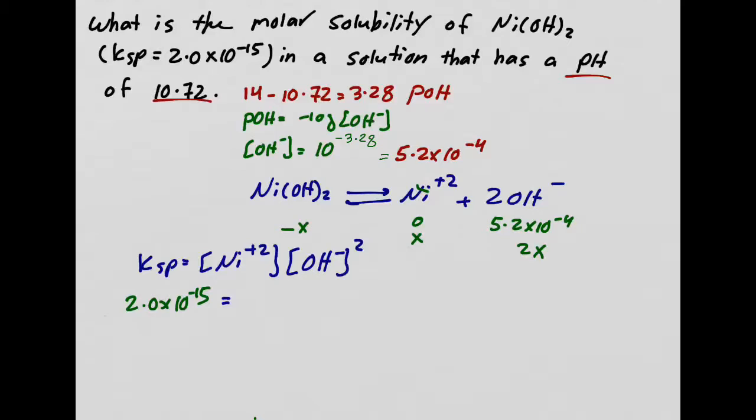So nickel is x. Now hydroxide concentration is 5.2 times 10 to the minus 4 plus 2x, and then to the power of 2. Again, this is exactly like before. It's a common ion problem. I have some of this from the beginning in the solution.